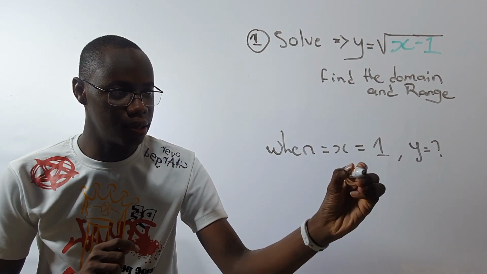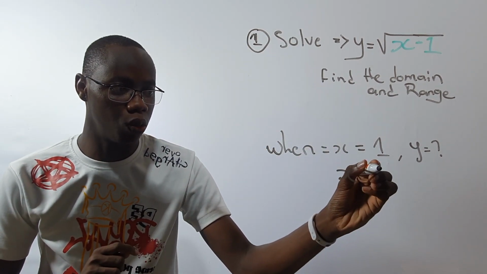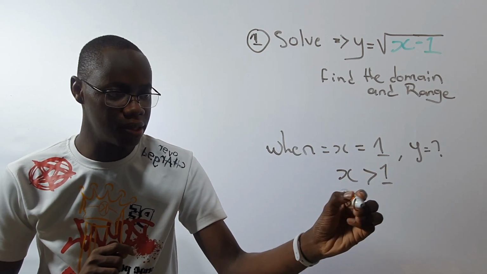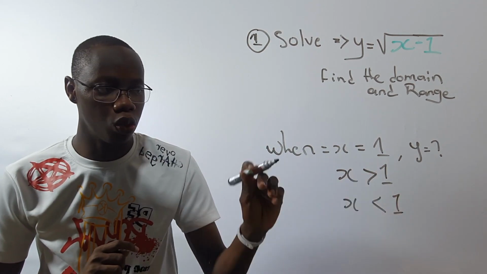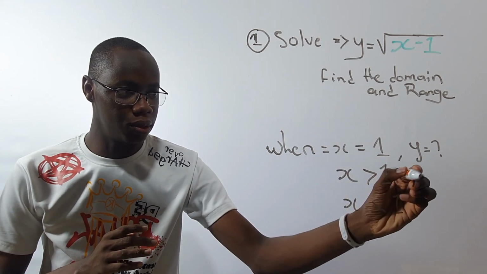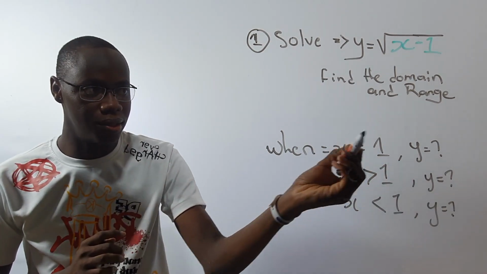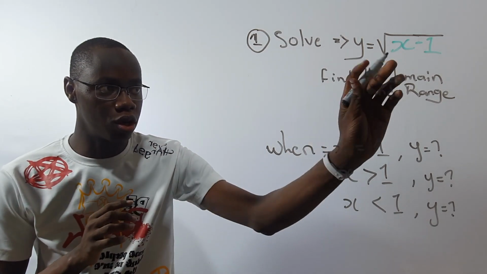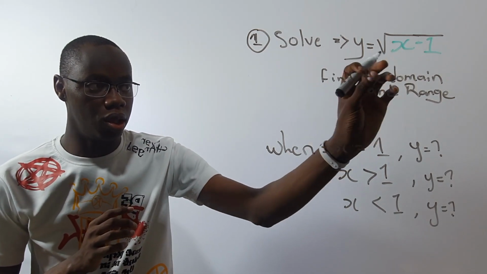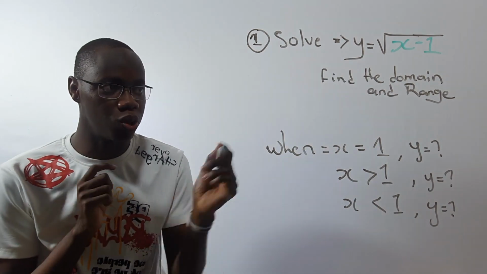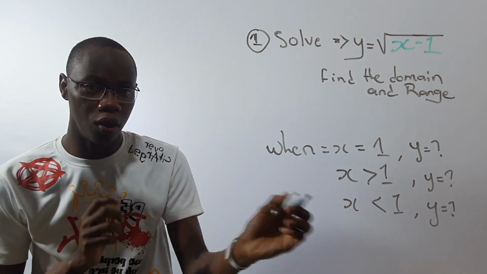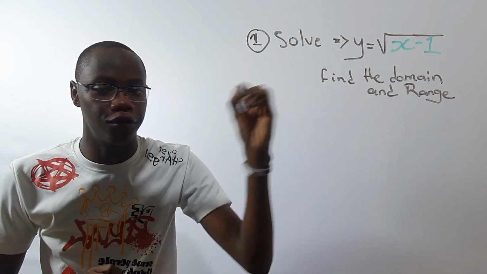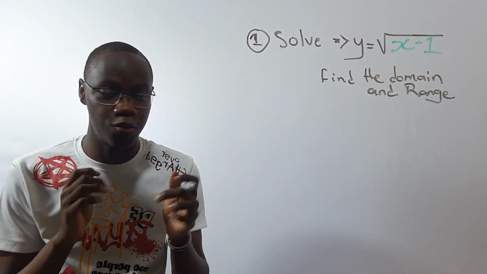When x is greater than 1, and if x is less than 1, what happens to y? That's what the domain is. Let's just start with 1 because 1 is very easy to spot. Whenever I see a question like this, just start with 1 or anything that makes sense to you. If x is 1, we're just trying the experiments now.